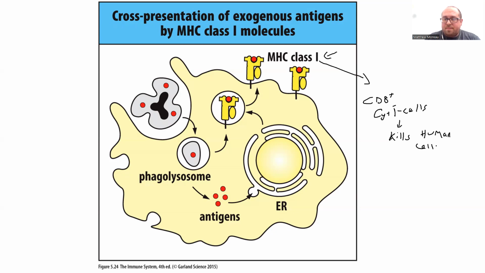And the concept is that you can get cross presentation on MHC class 1 in the event that exogenous antigens come from cells that are human in origin.